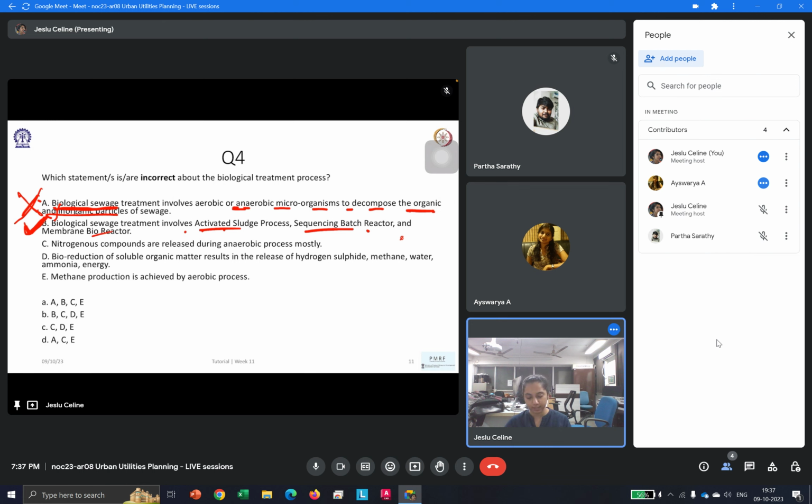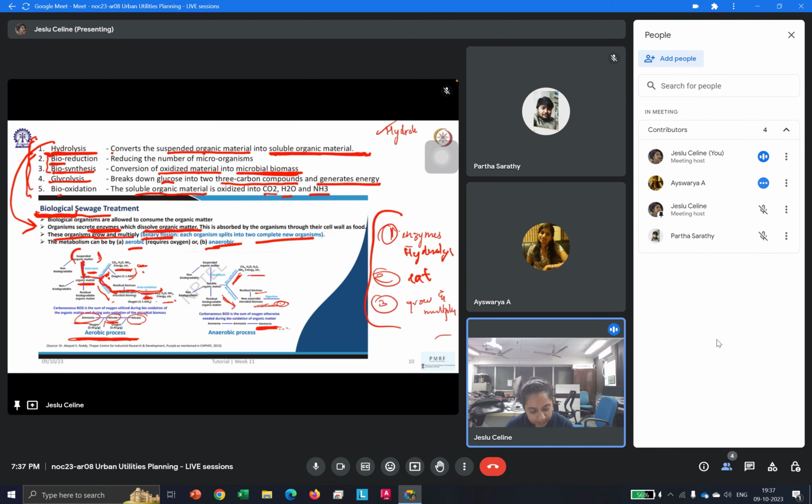So let's just go back and see here. We have ammonia. Ammonia is a nitrogenous compound, but there's only ammonia here in the anaerobic process. In aerobic process, you have ammonia, which gets converted to nitrite and nitrate. So you have different nitrogen compounds there. In the anaerobic process, you have ammonia in the end, but you also have methane and hydrogen sulfide and water.